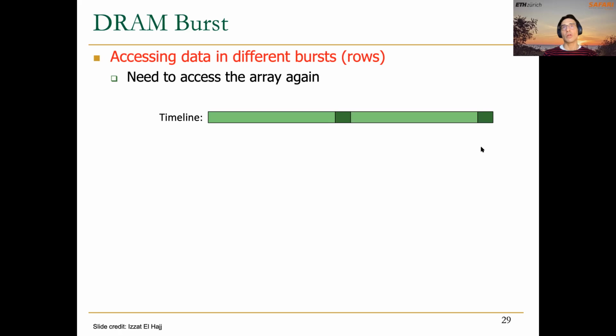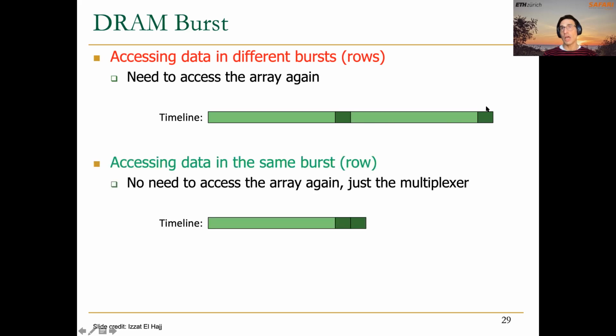And at that point, we can access the column that we want. But after that, if we have a row conflict and we have to close the row and open a new row, we'll have to wait again for all this long latency until we can access the next element or the next cache line.